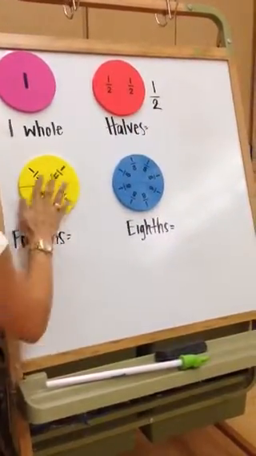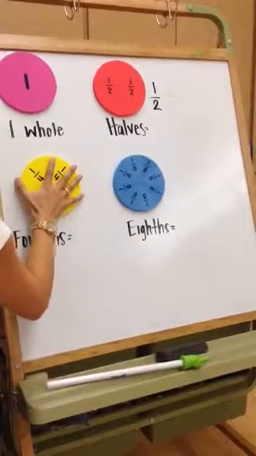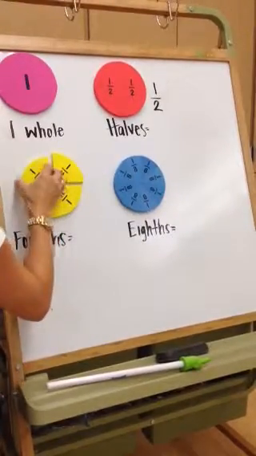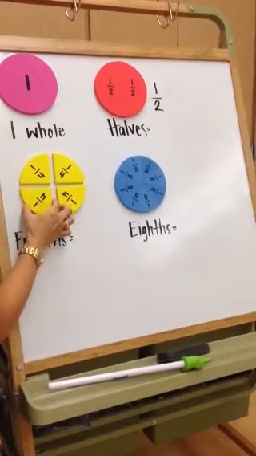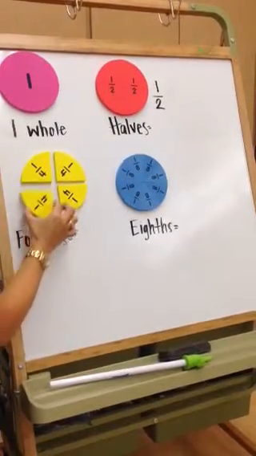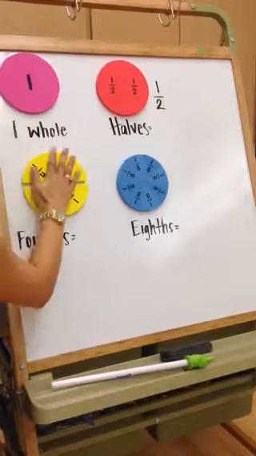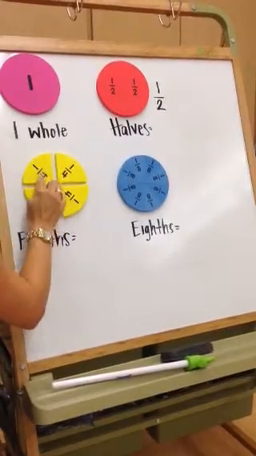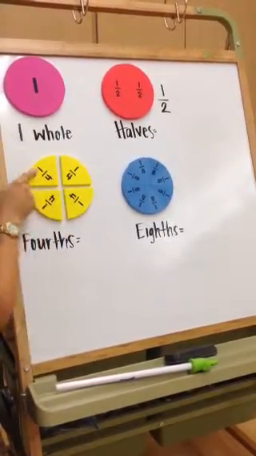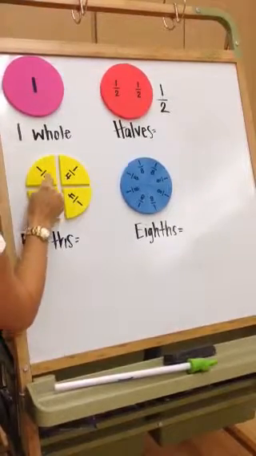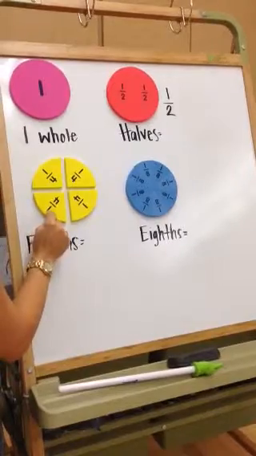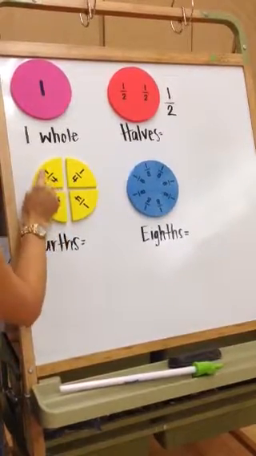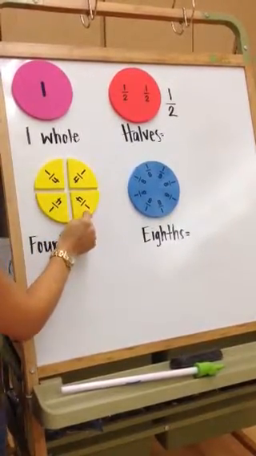Then we have fourths. This whole is broken into 4 equal parts. Each part is considered 1/4 of the whole. Remember again, this is the denominator and this is the numerator. The denominator represents that there are 4 equal parts, and the 1 represents each part.